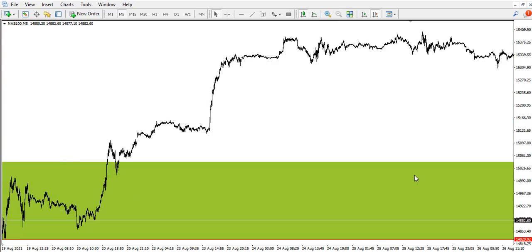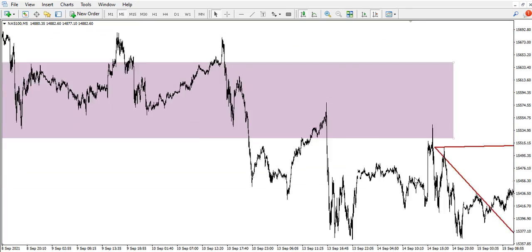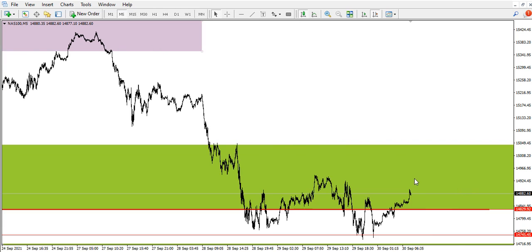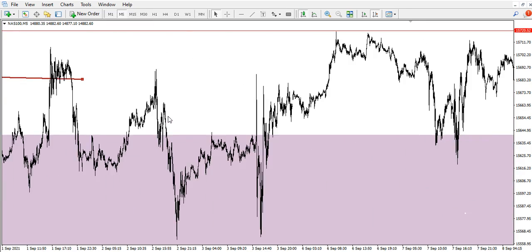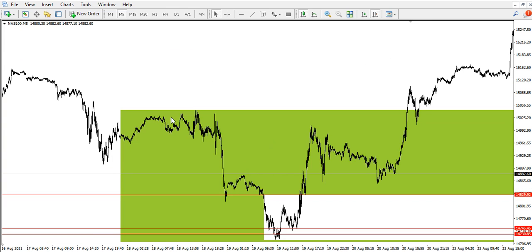Then let's go back again to where price rejected. Let's add another one where exactly it rejected. It's 14730.85.